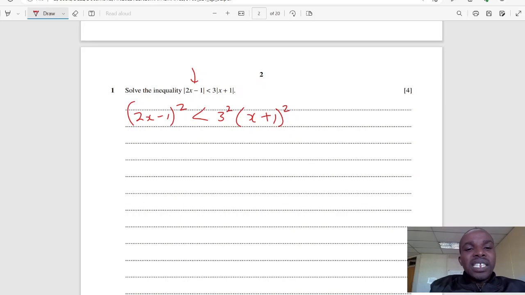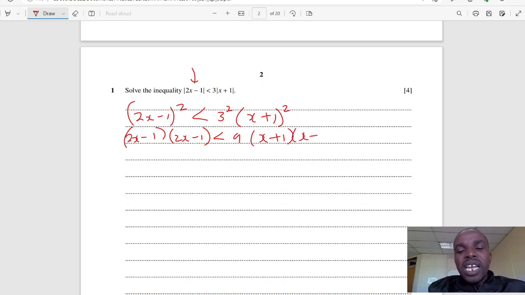So let's expand. These are double brackets. You can say 2x minus 1 times 2x minus 1 is less than 9 times x plus 1 times x plus 1. The values in the first bracket multiply the second bracket. Like on this side, we have 2x and minus 1.